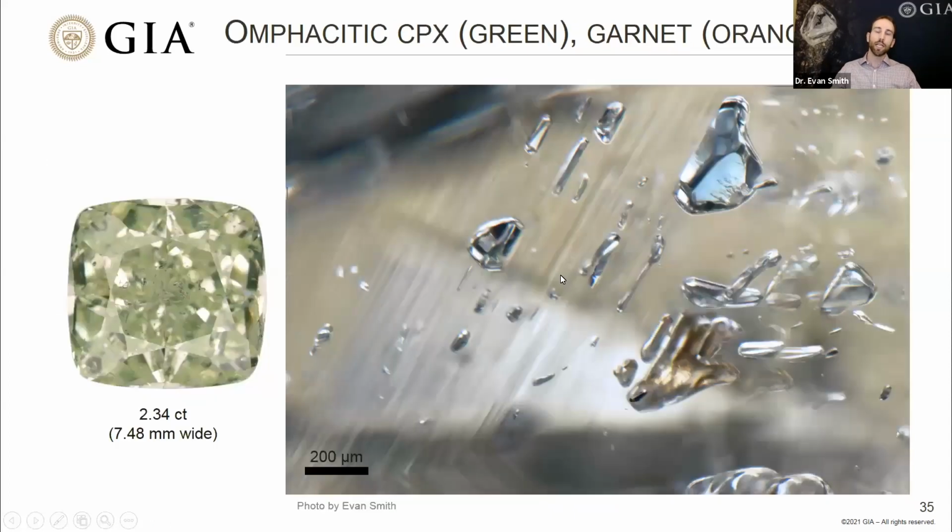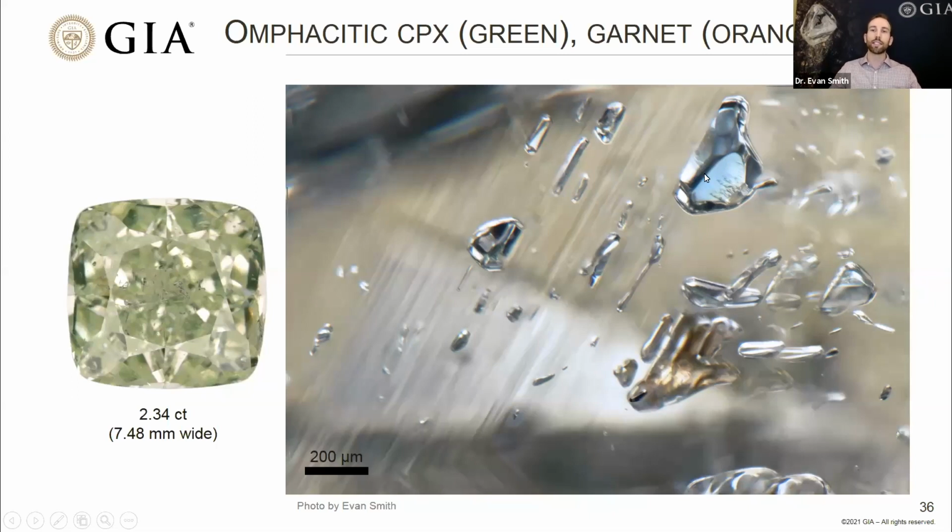Here's another example with some orange garnets. And these orange garnets are occurring together with some green inclusions. And these green inclusions are actually ophiolitic clinopyroxene. So this is a slightly paler green. It doesn't look quite as vibrant as the green inclusions we saw a couple slides ago.